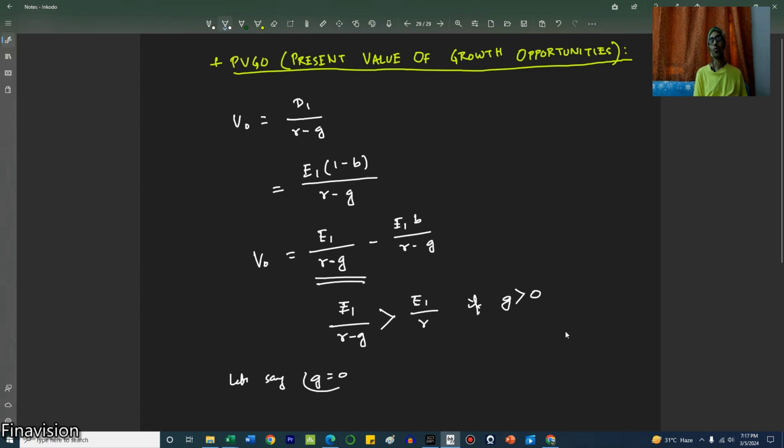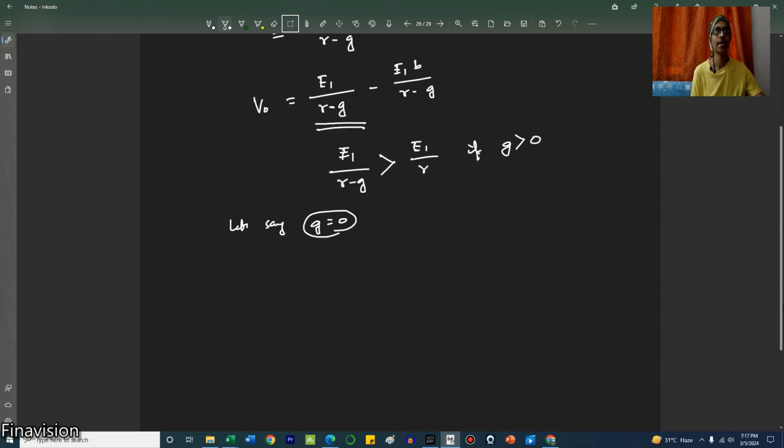There are no growth opportunities, there is no growth. So ideally, if a company has no scope to grow, what should be its retention ratio? It should be ideally 0, right? It should pay out all its earnings. So this V0 should become equal to E1 by R.